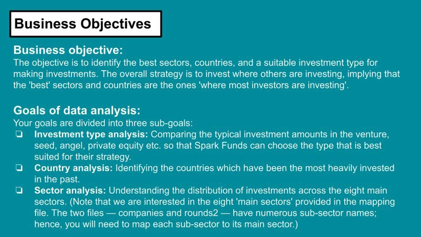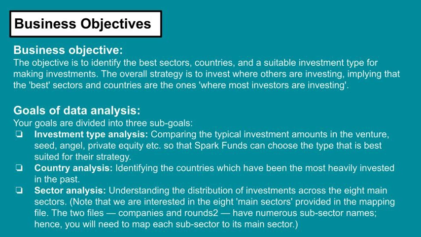So the first one is the investment type analysis. In the investment type analysis, first of all, there are different types of funding available. So let's understand these types of funding. Seed and angel funding refers to early stage startups, whereas venture funding occurs after seed or angel funding and involves a relatively higher amount of investment.